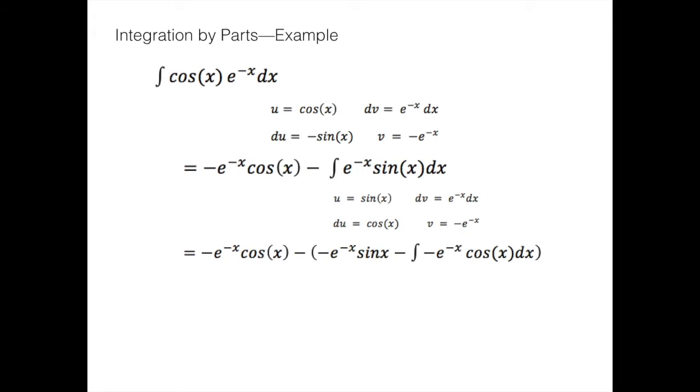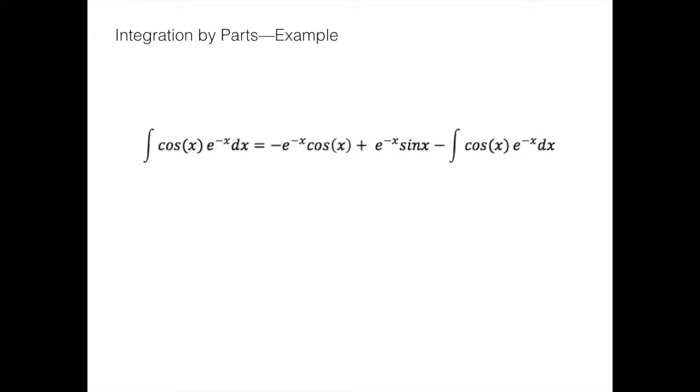dx. Now you might be saying, hold on here, that last integral is the same as the original, so what's the purpose? Well, let's look at this whole thing this way. This entire expression that we've just found is still being set equal to the original integral. So why don't we just add cosine x e to the negative x dx to both sides?